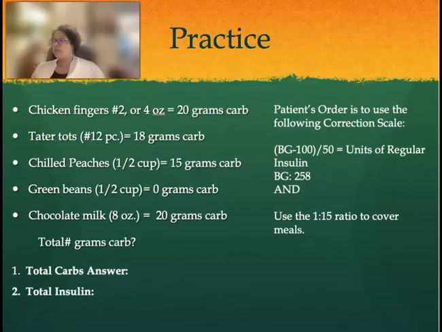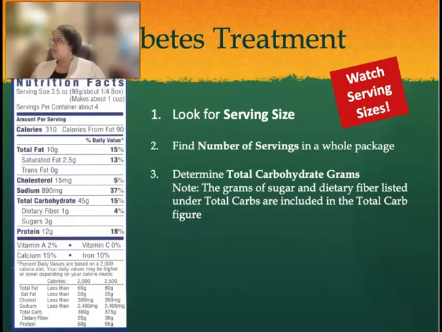All right, so this will be resumed in a little bit. Slide 20 was just talking about how we look at labels. Always make sure that you look for the serving size when you're trying to figure out how many carbs. We are also responsible, along with the nutritionist, for reinforcing the education on how to determine what your total carb grams are.